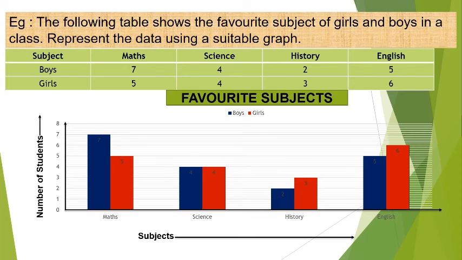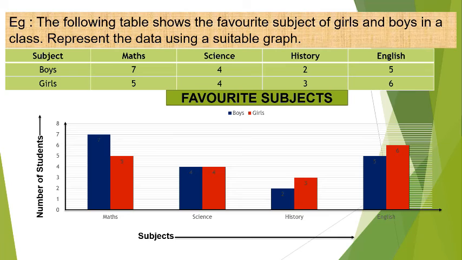Now for science, both the blue color and red color bar are drawn till number 4 because 4 boys and 4 girls liked science. For history, 2 boys liked history, so the bar is drawn till number 2 and 3 girls liked history, so the red color bar is drawn till number 3.